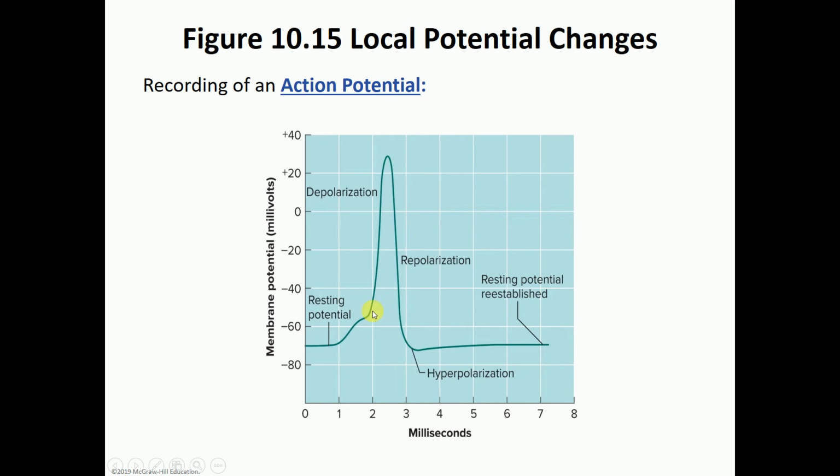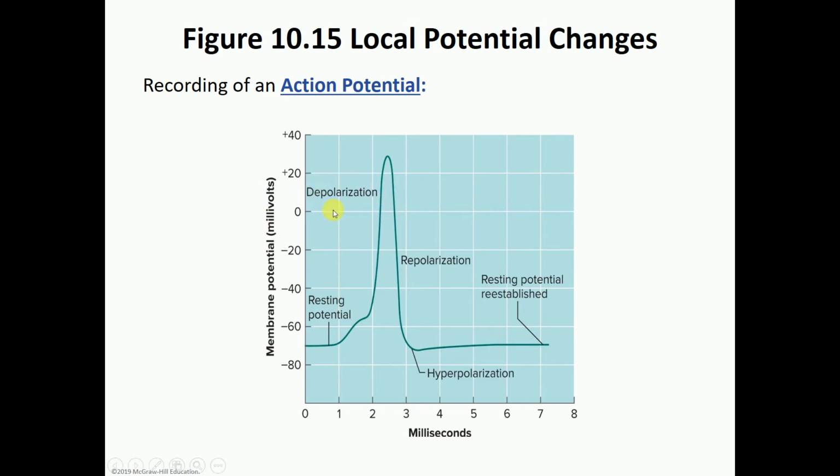If the stimulus was strong enough to reach that threshold potential, then we are going to open up a second kind of sodium ion channels, and those are the voltage-gated sodium channels. There will be a rush of sodium into the cell, and that leads to what is known as depolarization.